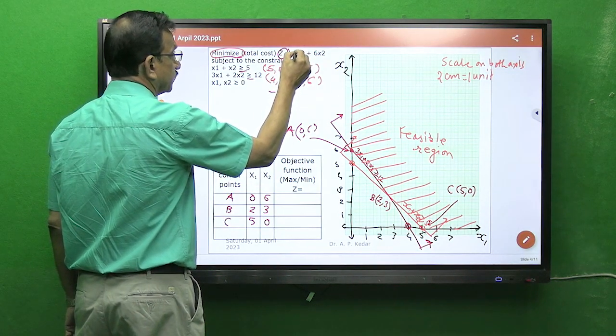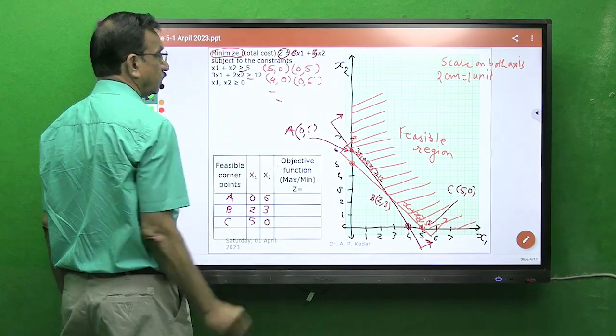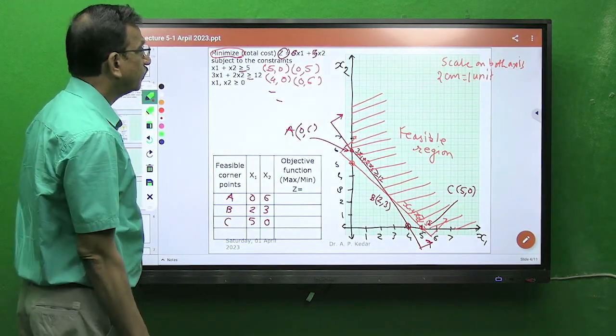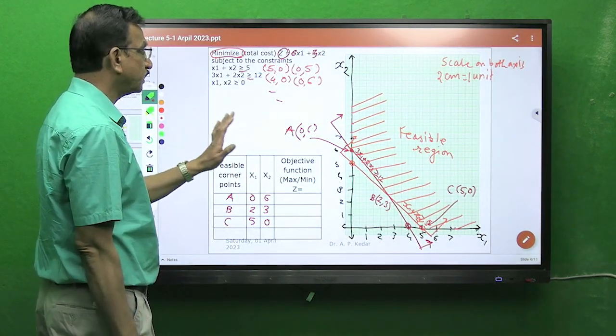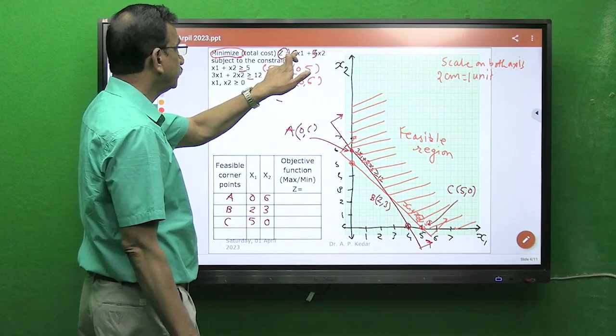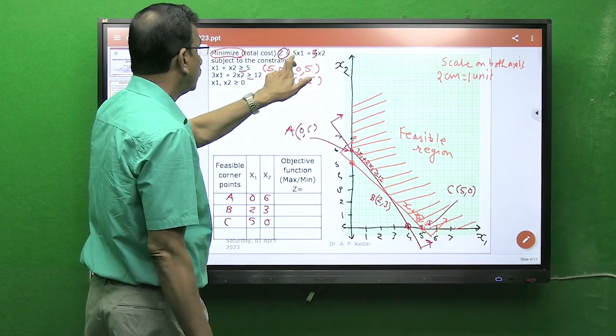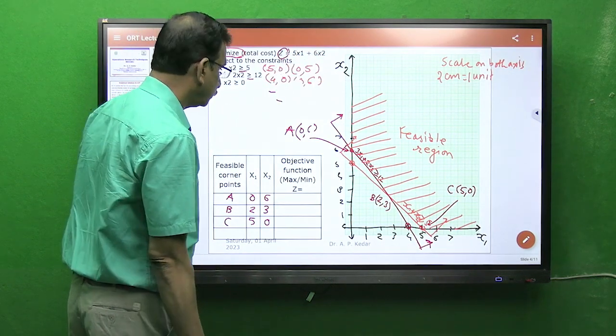Suppose 6x1 plus 5x2 was the original problem, or we can also go with the same, there is no harm if I continue the same value of x1 and x2.